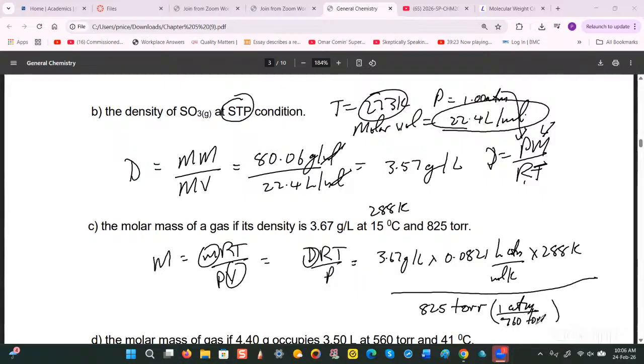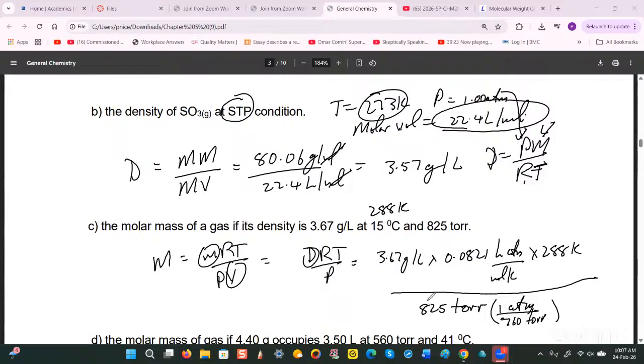So now we have to do the number crunching. 3.67 times 0.0821 times 288, and then I'm going to divide all of that by 825, which is divided by 760. According to my calculation, I have to round off to 3 sig figs.